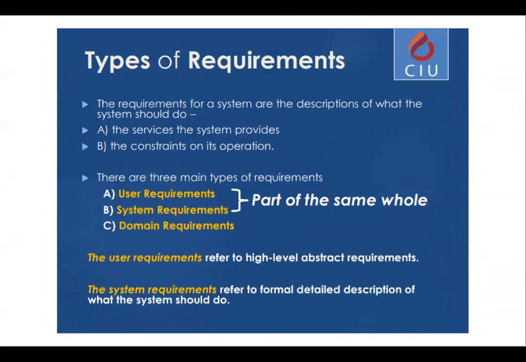So there are a couple of requirements where I go in a different direction from the book. I'm not quite sure how many of you are reading the book, but in the book, it talks about user and system requirements, and underneath, functional and non-functional requirements. I think it also mentions domain requirements under non-functional. However, I disagree with this.